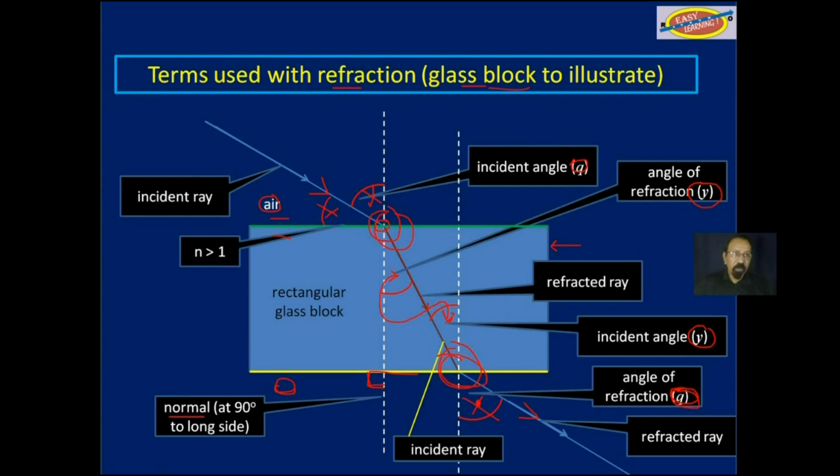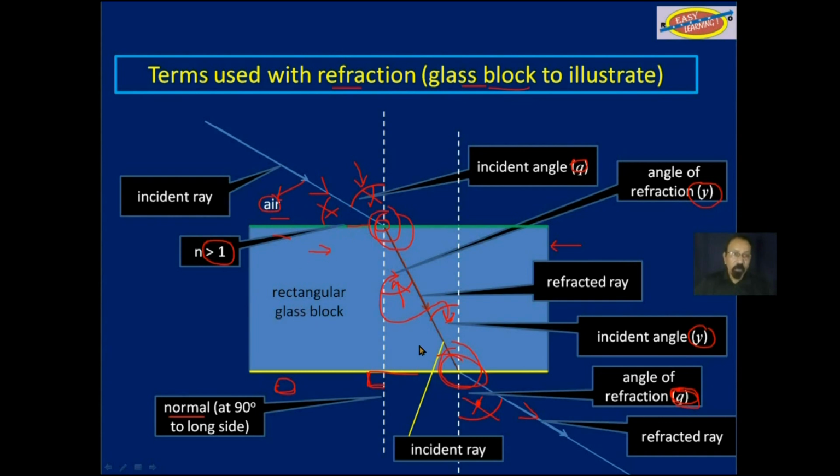At this boundary here, this green boundary, n, which is the refractive index, is always greater than 1 because the angle of incidence will always be greater than the angle of refraction. That is when the ray moves from a less dense medium like air into a denser medium like glass.